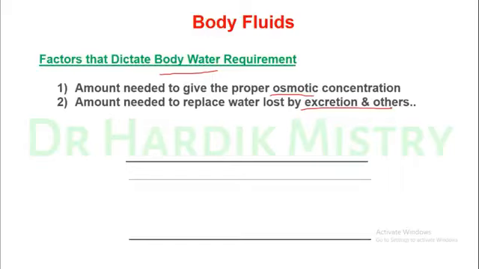If there is a disturbance in the maintenance of osmotic concentration, there will be either an increase or decrease in the demand for water. And it is also the water lost by excretion or by evaporation from the skin that dictates the body water requirements.